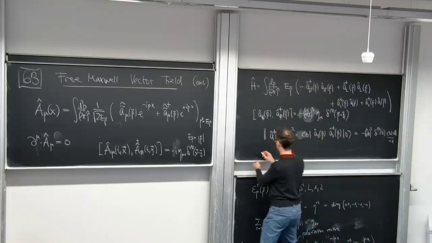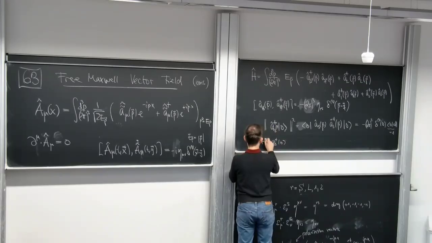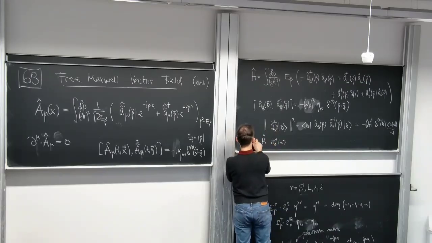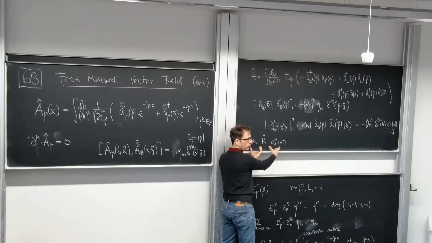Why? Because if you have in this state a_s of H, and then this thing, you want to compute the expectation value of H for a scalar photon.